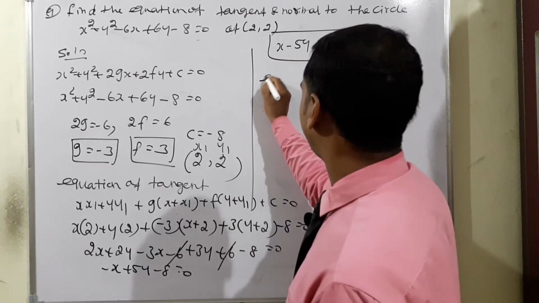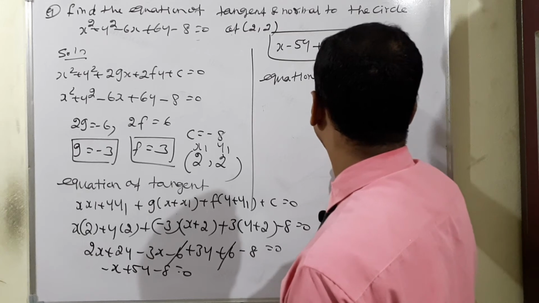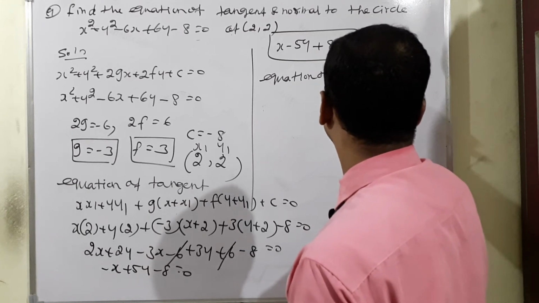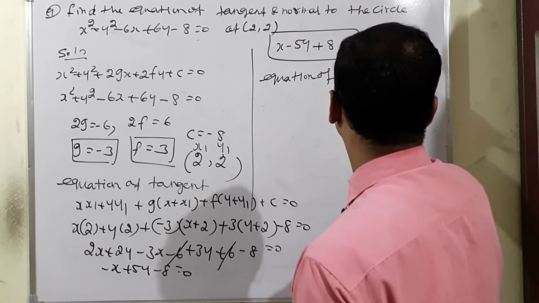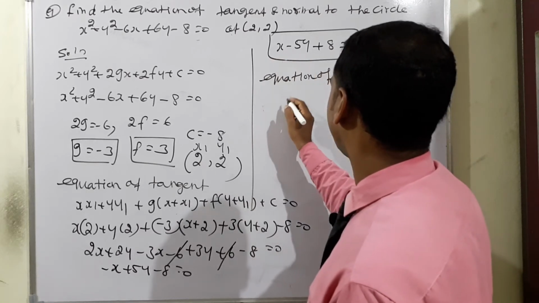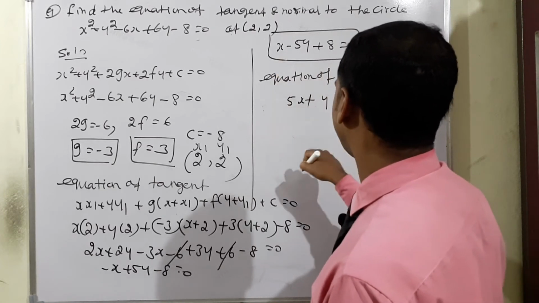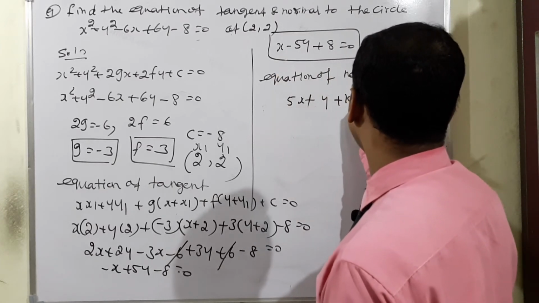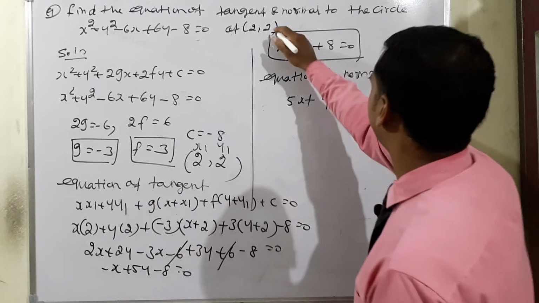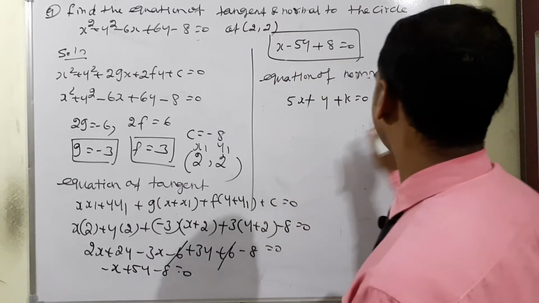Moving to the equation of normal. The main condition is that you have to interchange. Interchange means the coefficient of x we can write as 5x and y. The negative sign in between we can write as positive. Then plus k is equal to 0. What is the point? The given point is 2, 2. So x is equal to 2, y also 2.